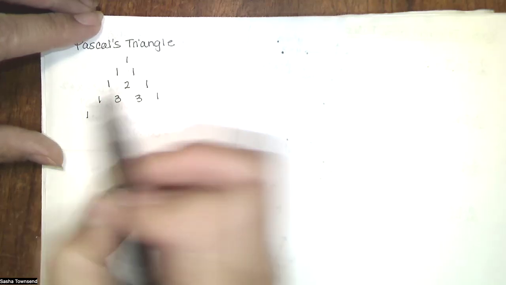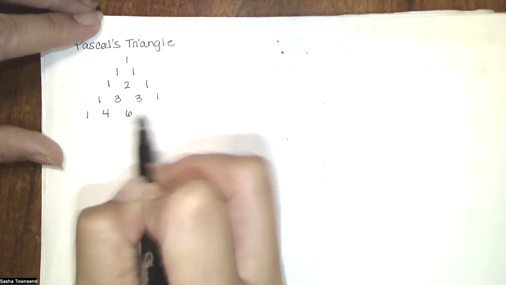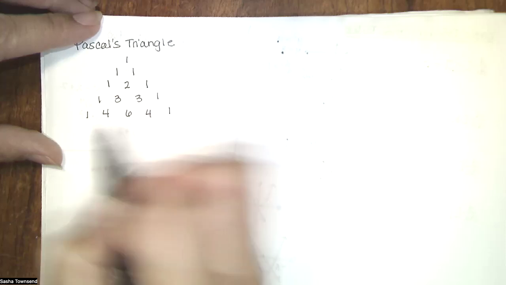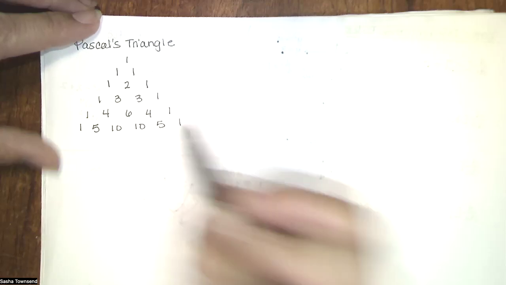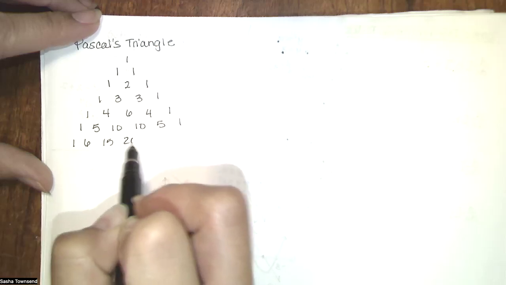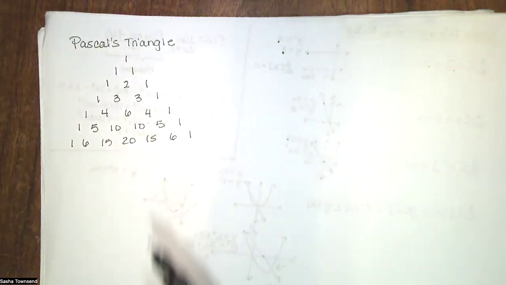And then we've got a 1, and a 1 plus 3 is 4, a 3 plus 3 is 6, and a 3 plus 1 is 4. And then we've got a 5, a 10, 10, a 5, and a 1. Then a 1, a 6, a 15, a 20, a 15, a 6, and a 1, and so on.